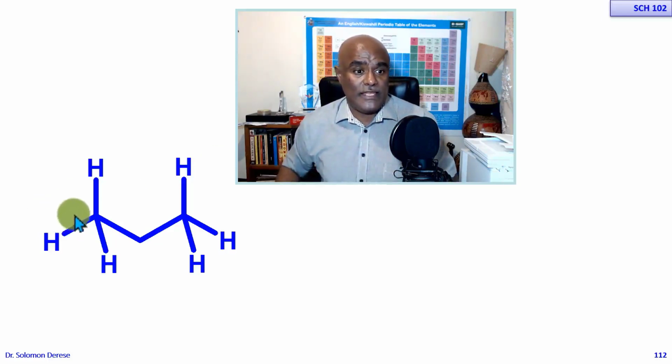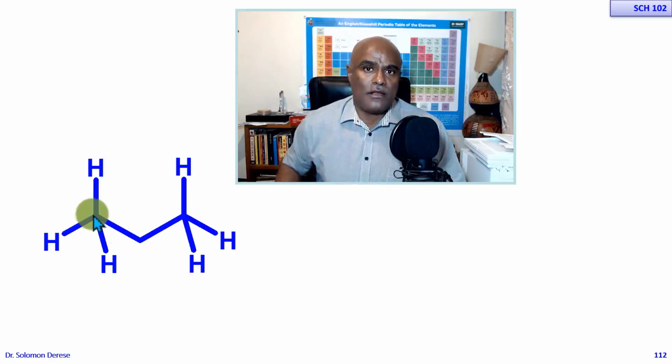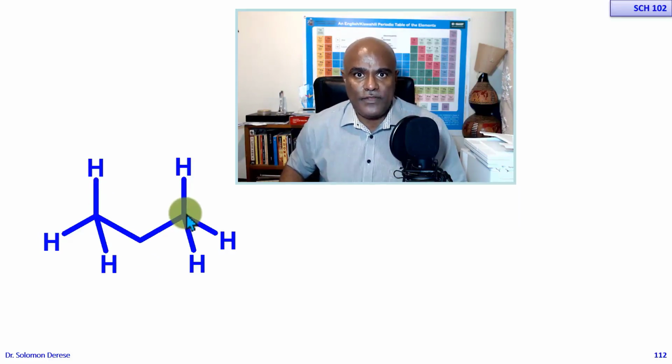So if you look at this, this is a molecule of propane. So CH3, CH2, CH3: one carbon here, another carbon here, another carbon here. For purposes of clarity, I decided not to include the two hydrogens here. I have not drawn them. I have drawn the three hydrogens of this carbon and the three hydrogens of this carbon.